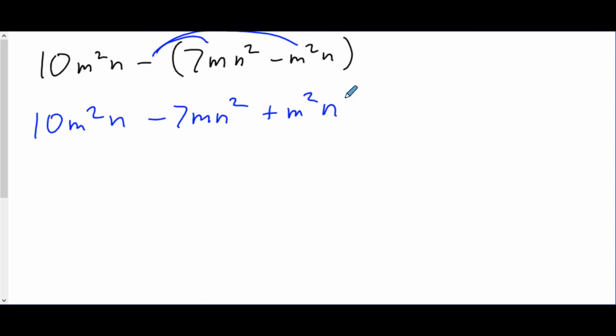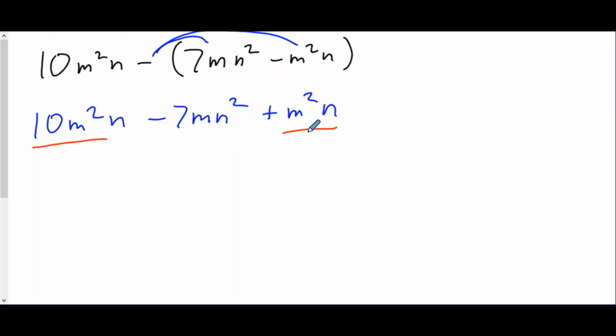And now I combine any like terms. Careful here, because they both have an m and an n, but different exponents. So which two are like terms? That's the first one and the last one, because they both have an m squared and an n. This is m and n squared, so not the same.